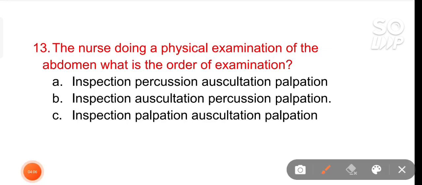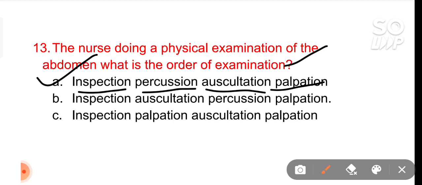The next question is, the nurse is doing a physical examination of the abdomen. What is the order of examination? Option A, inspection, percussion, auscultation, palpation.